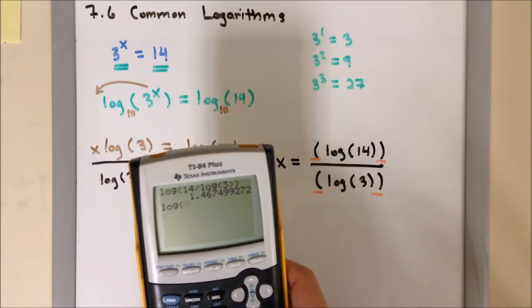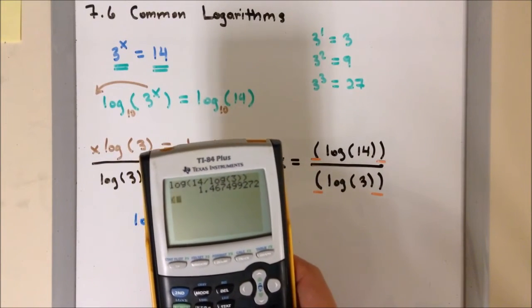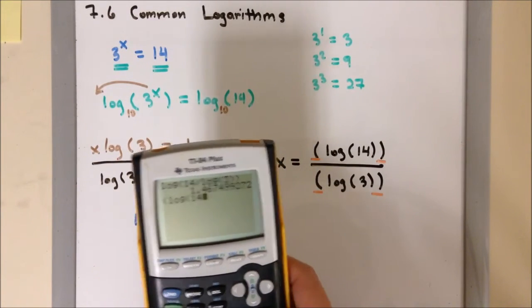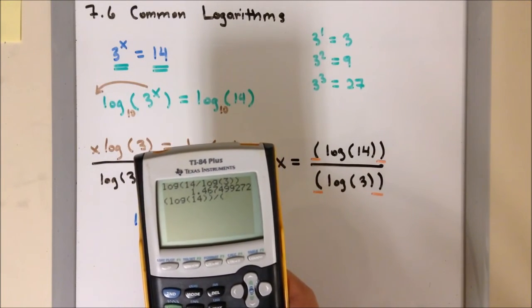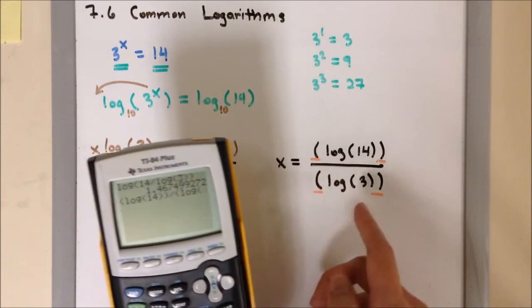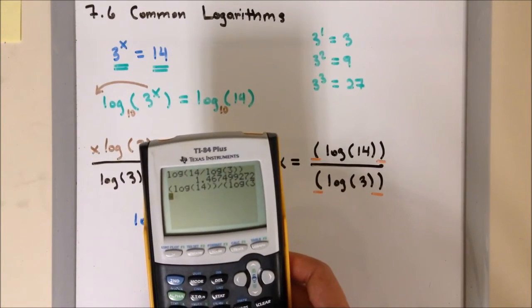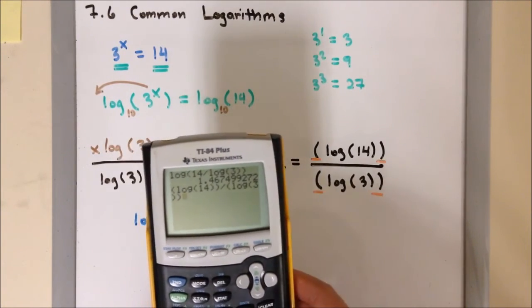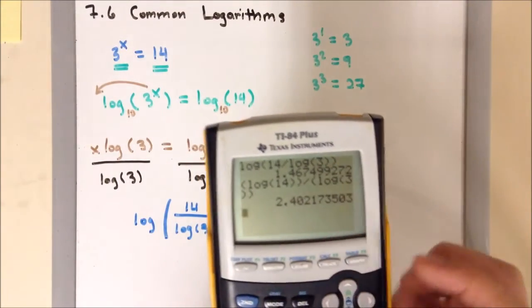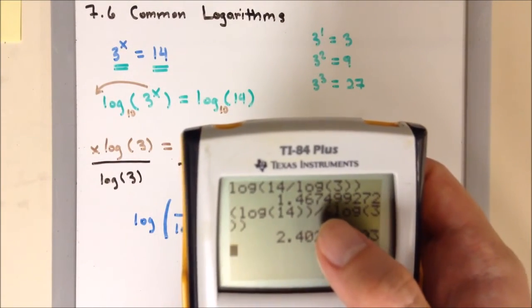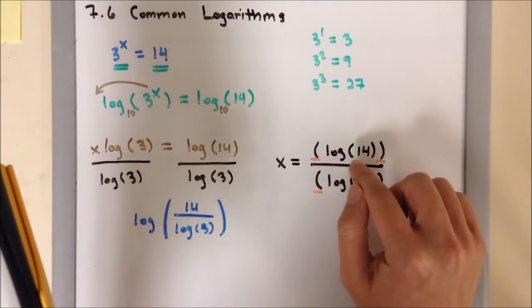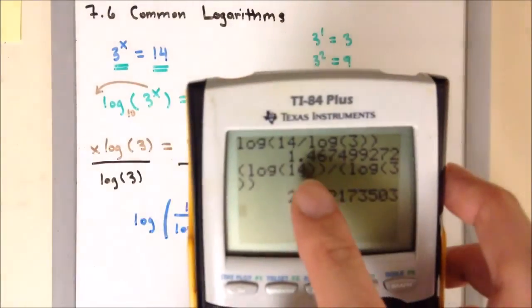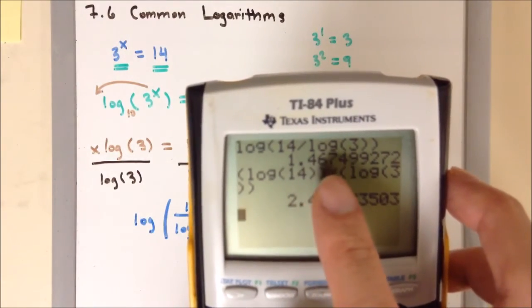So, open parentheses log 14 close parenthesis twice, divided by open parenthesis log of 3 and then close parenthesis twice. Look at our answer. If you were to type it without the parentheses, you would have gotten 1.467.